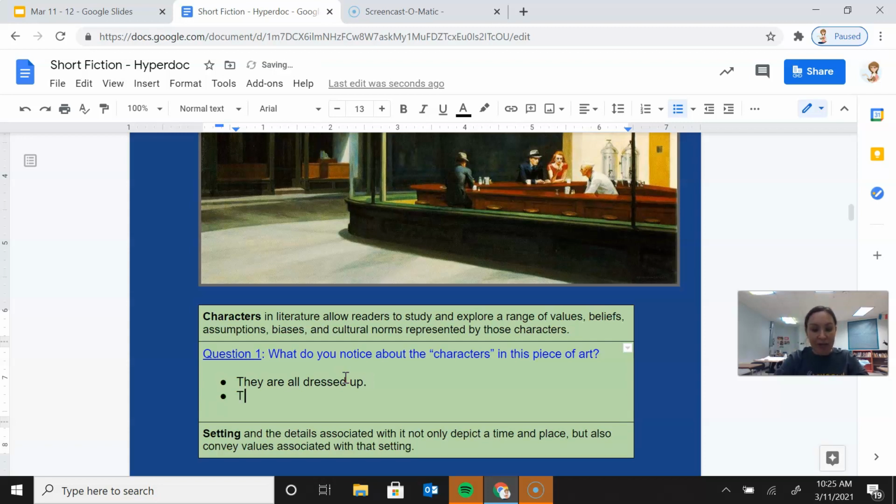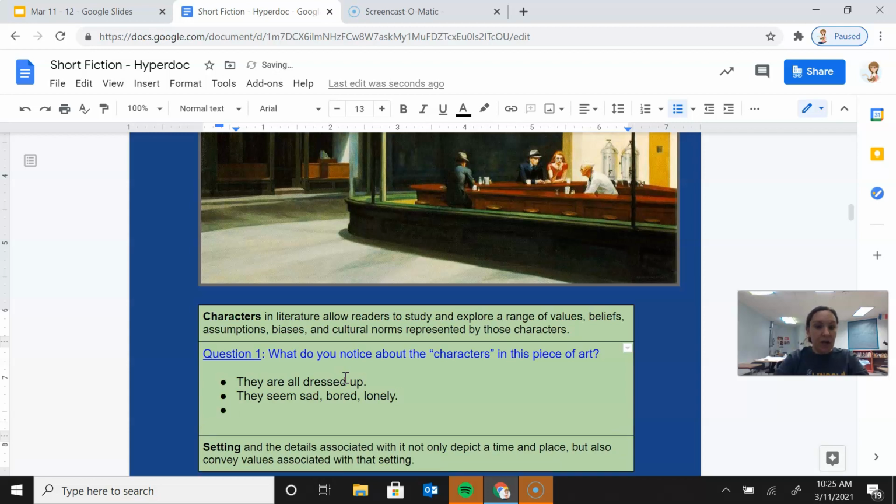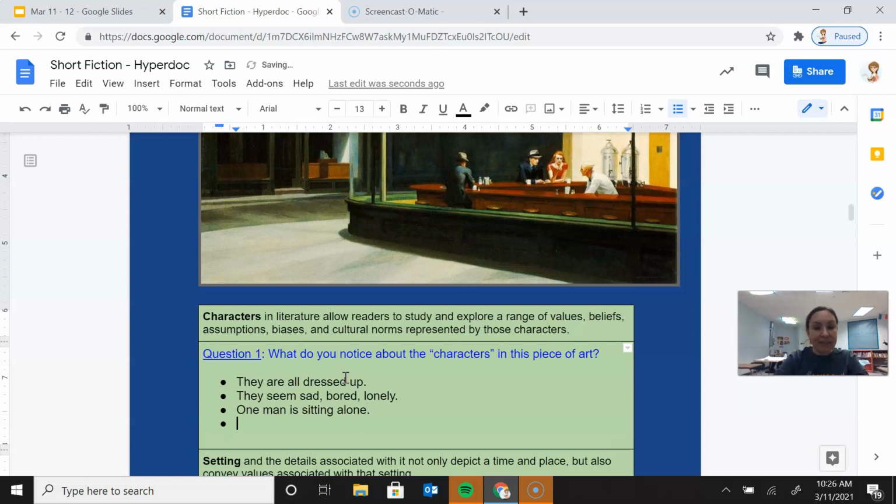Facial expression wise, they seem sad, bored, lonely almost, to be honest with you. I noticed that one man is sitting alone. I don't know if the couple is together, but there is a couple that appears to be together.